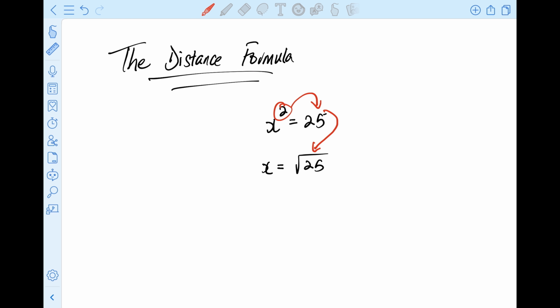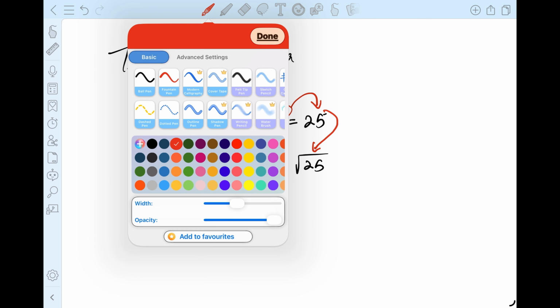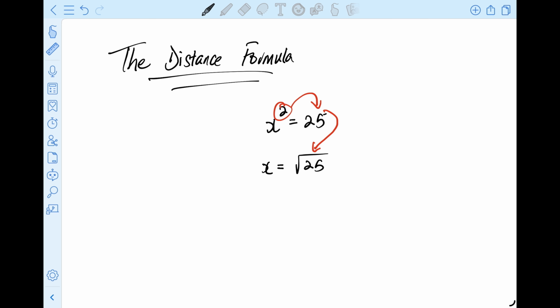There are many ways I could teach this. The first is to take the square root of both sides, canceling the square and leaving the square root of 25. However, I want us to understand that carrying a square over the equal sign turns it into a square root.